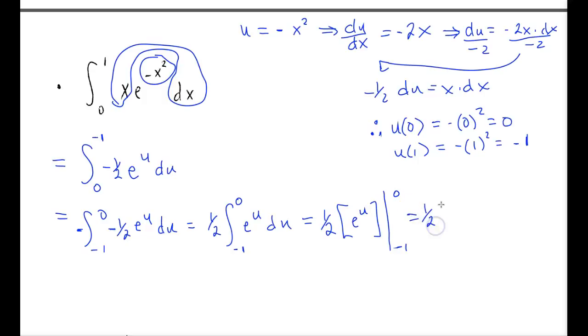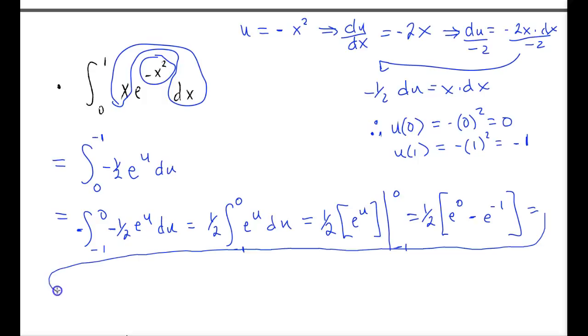So we'll say 1/2, and this will be e to the 0 minus e to the -1. And of course, to finish up, we know that e to the 0 is just equal to 1, and e to the -1 is just 1 over e.